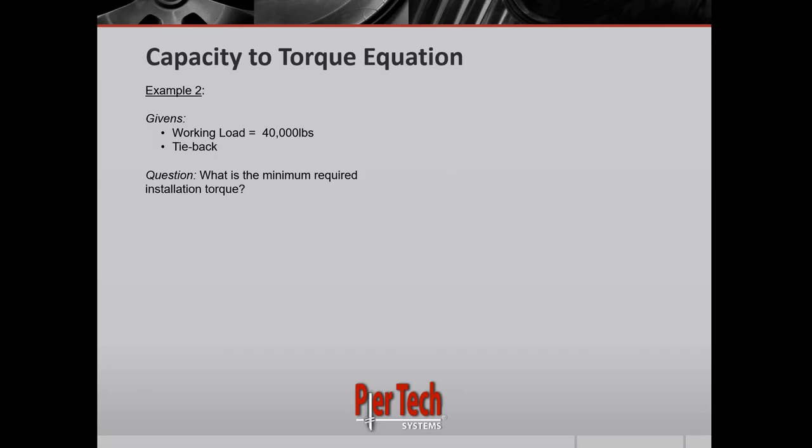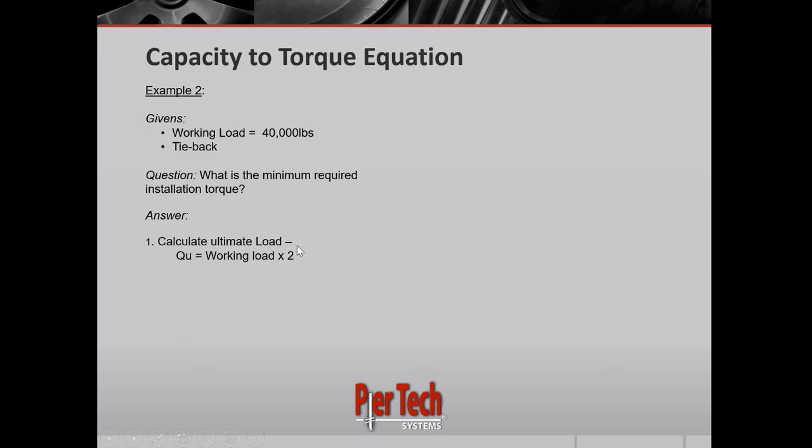Going to go through our 4 steps again. First step being calculate the ultimate load. I'm going to give you a second to work this out. All right, so ultimate load is the working load times 2.